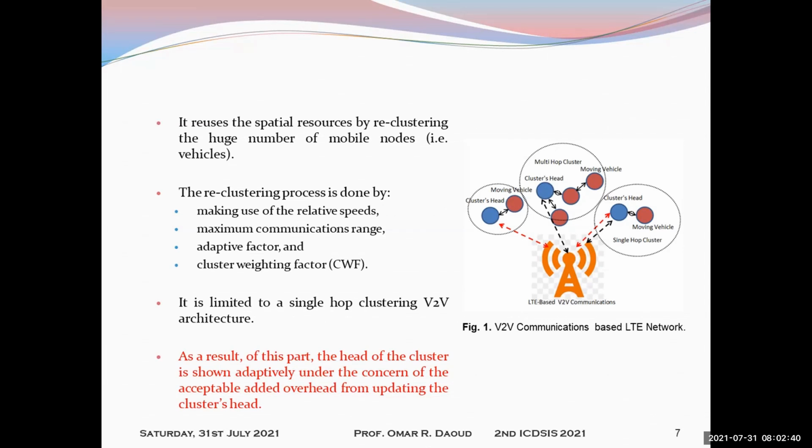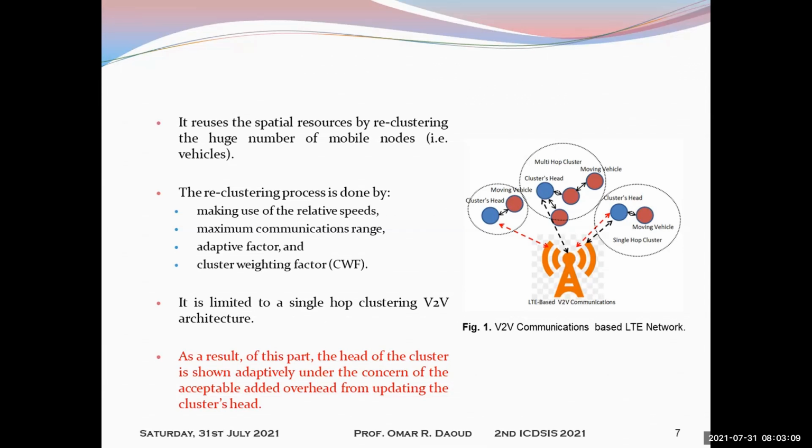The reclustering process is done by making use of the relative speed, maximum communication range, and an adaptive factor, which is used to compensate for the different scenarios of those moving vehicles. In addition, a cluster weighting factor will be derived based on different relative issues such as the relative speed, relative distance, and so on.